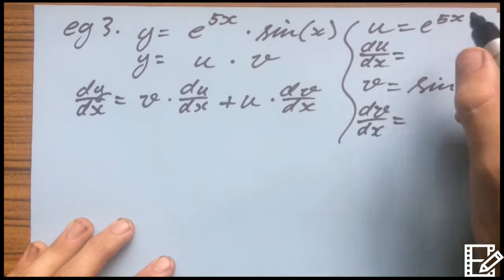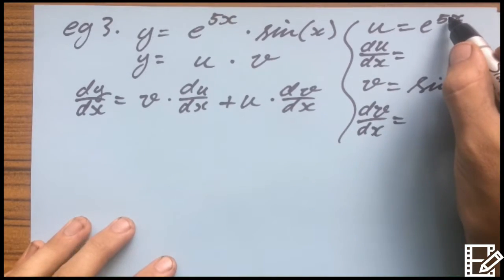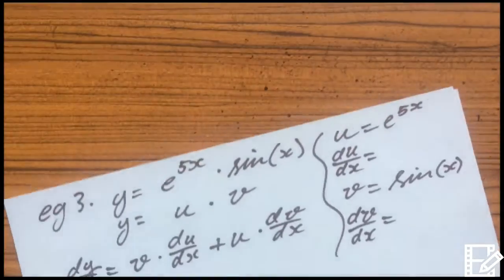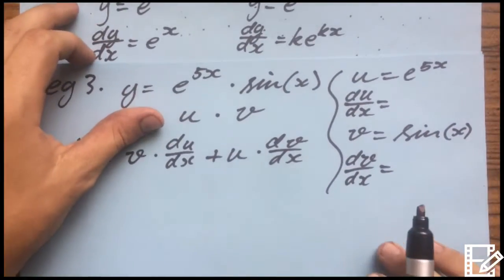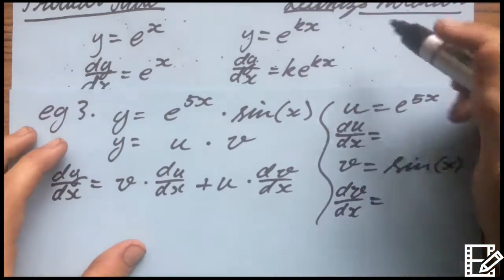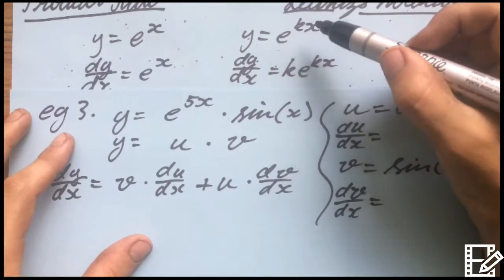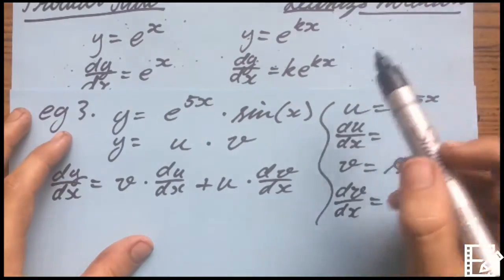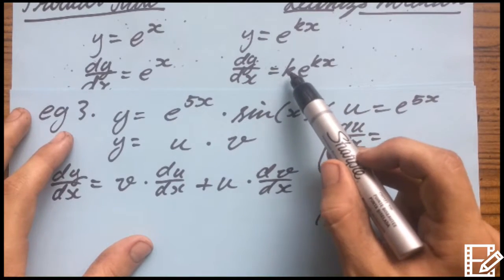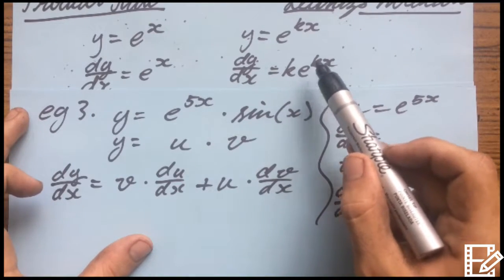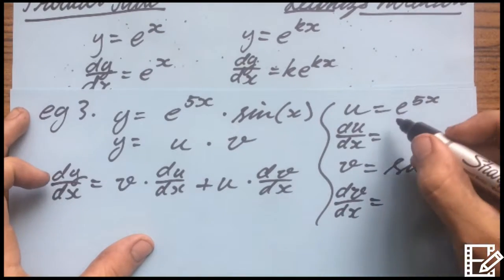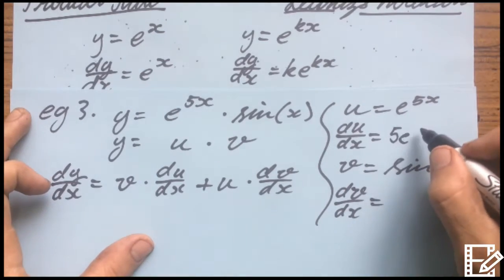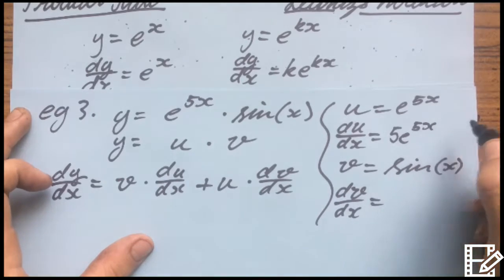The derivative of u being e to the power of 5x, we know that the rule states that if we have e to the power of a number multiplied by x, then the derivative of that is that number multiplied by e to the power of that number times x. So we bring the 5 down, we keep the rest the same.